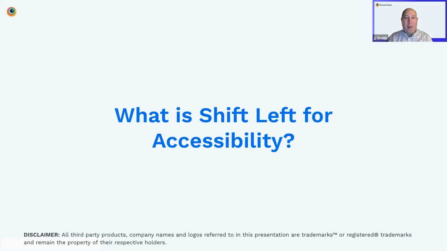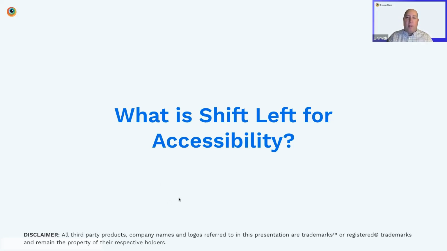At that point, it's very difficult to address accessibility, especially because it really is a remediation task, right? You're simply fixing bugs and issues. And we'll talk more about the difficulties of that and why that isn't very effective.